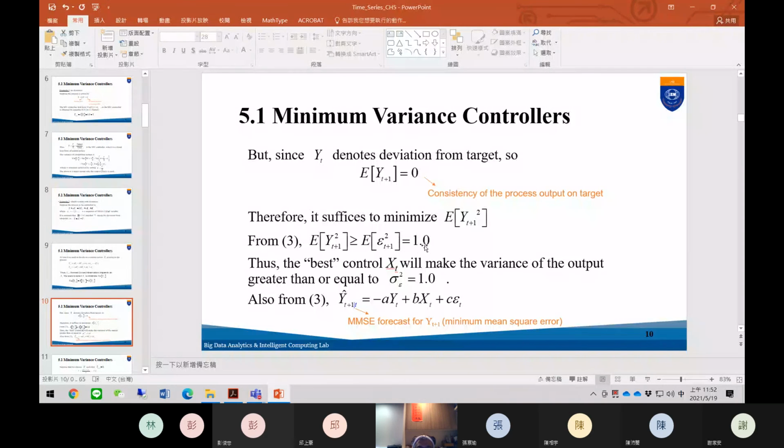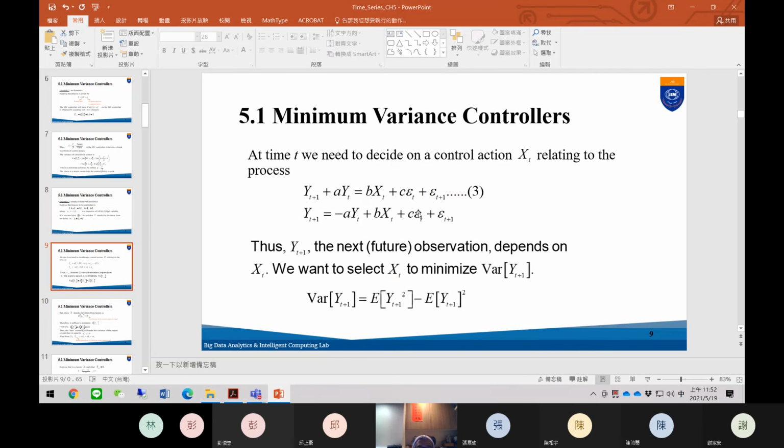So that is 1.0. We assume the standard deviation of the future error is 1.0. The best control x will make the variance of the output greater than or equal to sigma epsilon, 1.0. So look at equation 3. Since this is a future error, we can do nothing about that. And for the C, this is the residual, so it's a constant.